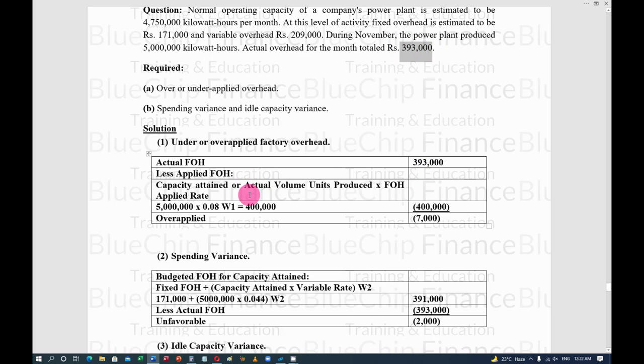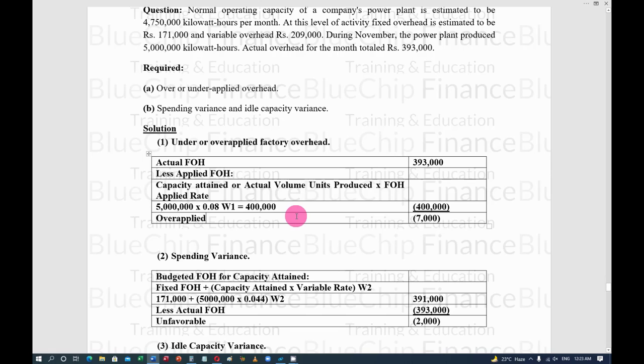Applied FOH, I already explained, is equal to capacity attained multiplied by FOH applied rate. FOH applied rate is 0.08, which we calculated, and your capacity attained is 50 lakh kilowatt hours. So 50 lakh kilowatt hours multiplied by 0.08 equals 4 lakh, and 393,000 minus 4 lakh is minus 7,000, that is over applied.